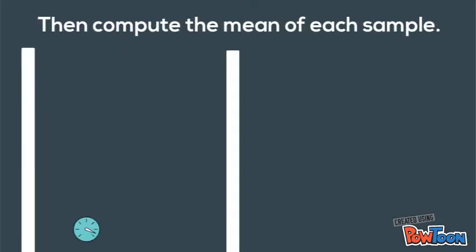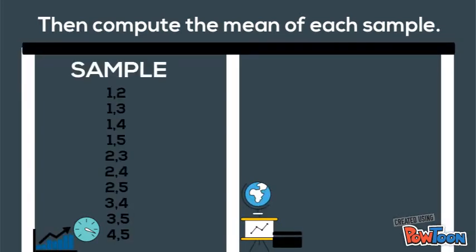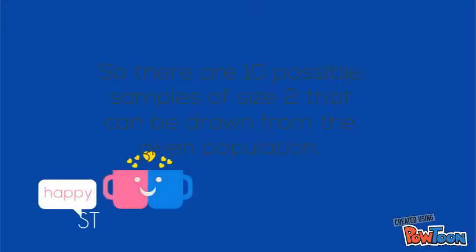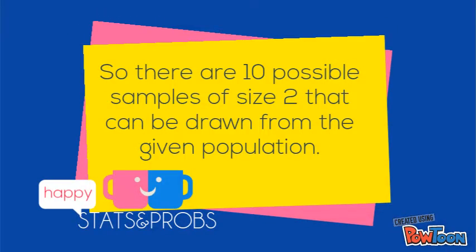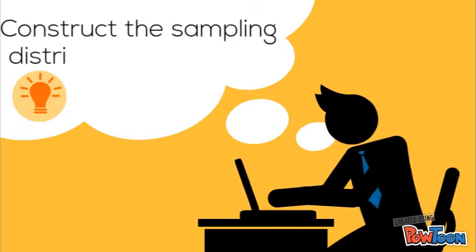Then compute the mean of each sample. The means are 1.5, 2, 2.5, 3, 2.5, 3, 3.5, 3.5, 4, and 4.5. So, there are 10 possible samples of size 2 that can be drawn from the given population. Then, construct the sampling distribution of sample means.